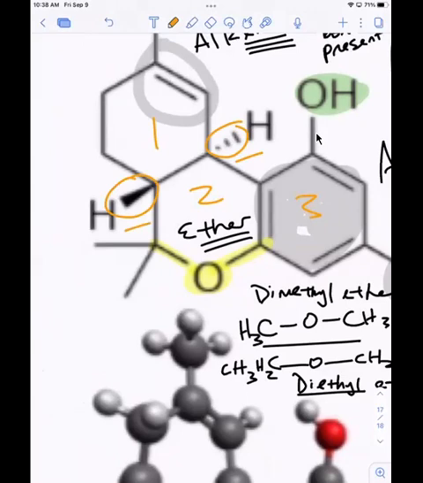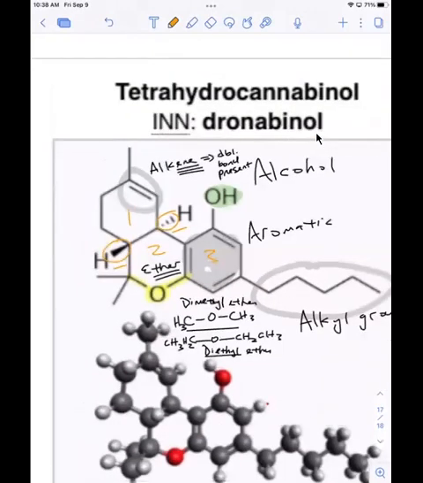And that shape plus the functional groups allow it to bind to those cannabinoid receptors in our body. That's on purpose, right? All the different functional groups that are present, and the actual shape of the molecule, which is kind of separate from the functionality, but it's a consequence of the functionality, because those rings fused together like that are going to give this molecule a specific shape, or stereochemistry.